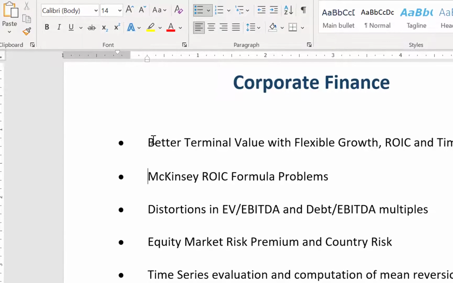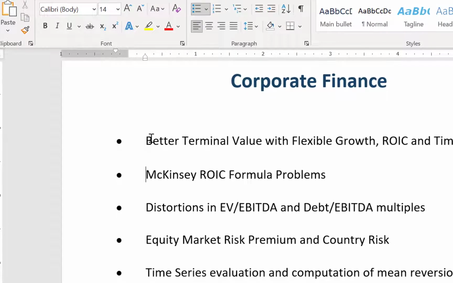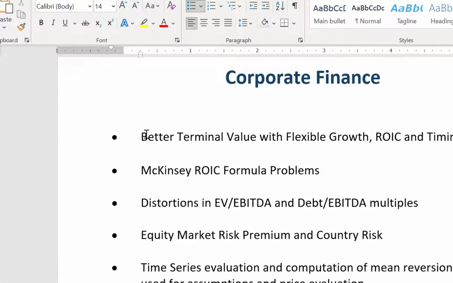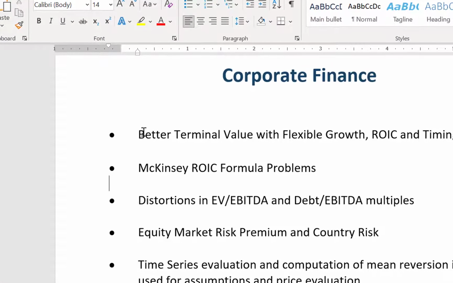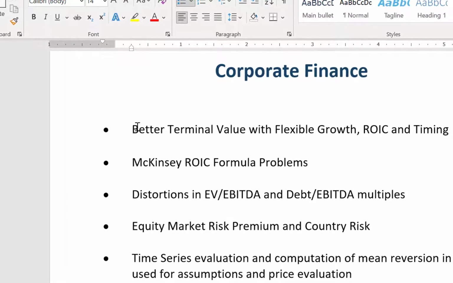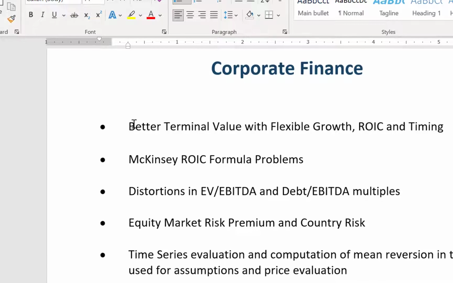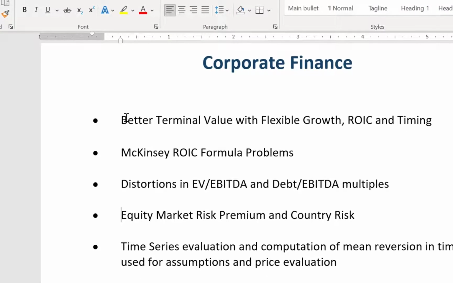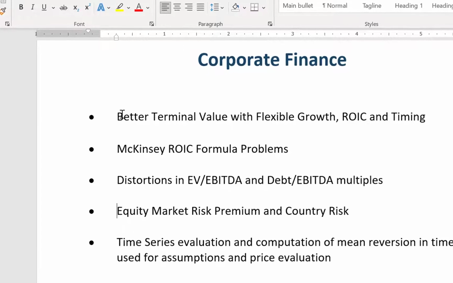I go crazy that the way McKinsey uses this ROIC formula, which is 1 minus g over ROC, divided by WACC minus g, is so wrong. And that's our EV to equity, and that's our EV to EBITDA and debt to EBITDA. They're so distorted unless you account for the asset lives.